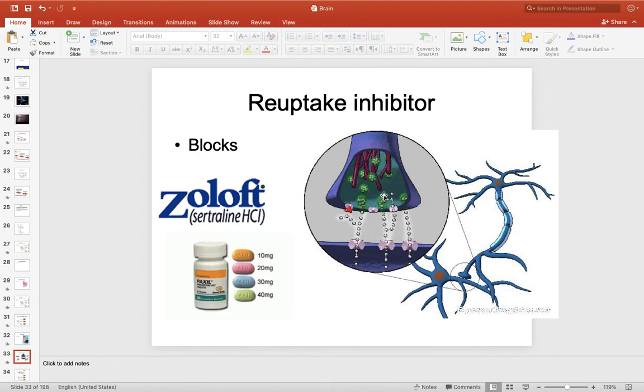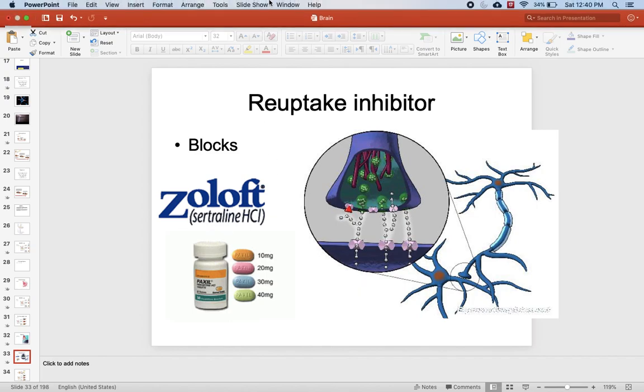It's a drug you take, and your serotonin fires here, and the reuptake inhibitor, the drug, blocks the gap, and the serotonin can't go back to the original neuron, so it goes to this one, and it increases your serotonin and increases your mood. All right, that's kind of an intro to the neuron and to neurotransmitters.